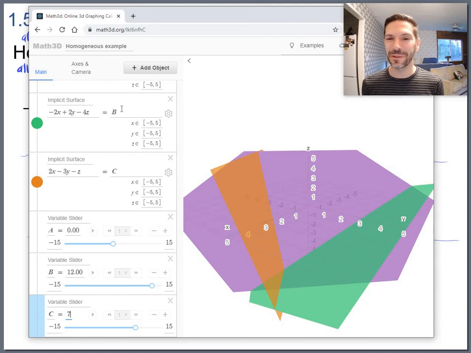Having multiple solutions, infinitely many solutions, means the planes actually lie on top of each other. And if they don't do that in a homogeneous system, they won't do it in the non-homogeneous system that goes with it. Because again, changing those numbers just changes location of planes, but not the tilt of the planes. So a homogeneous system and related non-homogeneous system always have the same number of solutions.